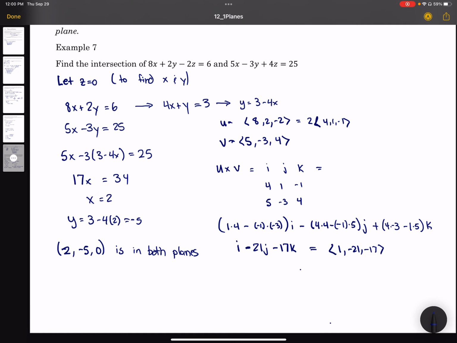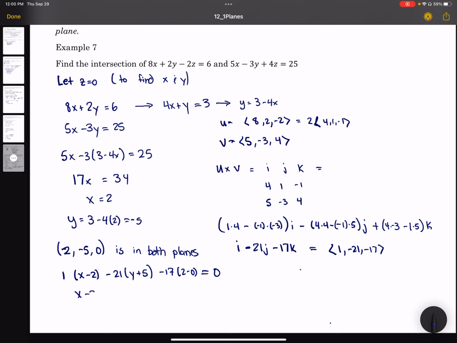And so now our equation is just 1 times (x minus 2) minus 21 times (y plus 5) minus 17 times (z minus 0), and that equals 0. The reason it equals 0 is that the dot product has to equal 0, which is all we're doing.